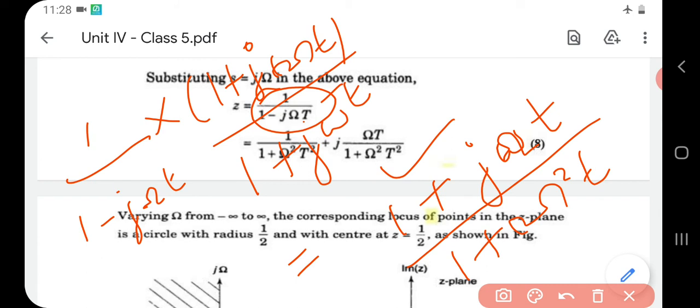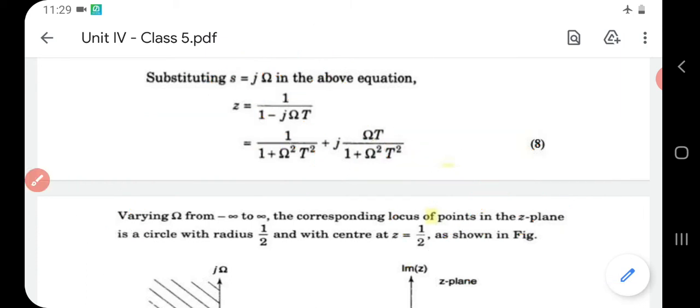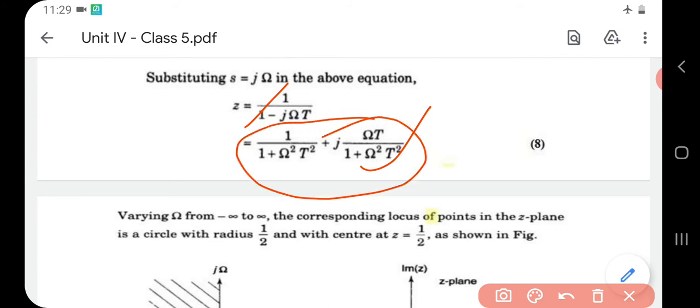Okay, now splitting each one, you will get the first term as 1 by 1 plus omega squared T squared. Then this one you are taking separate, so it will be j omega T by 1 plus omega squared T squared, this particular term. So this equation is obtained by multiplying both the numerator and denominator with 1 plus j omega T, as I have shown.